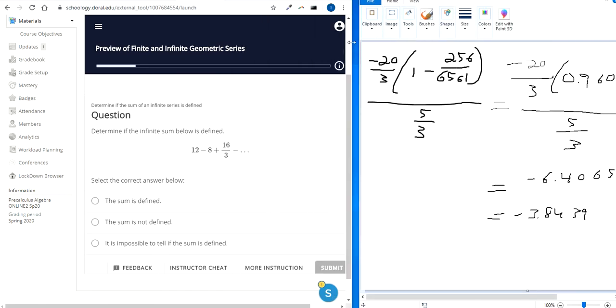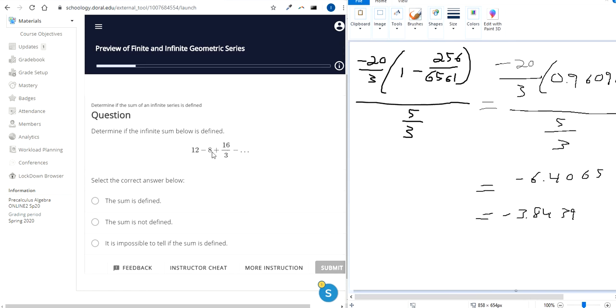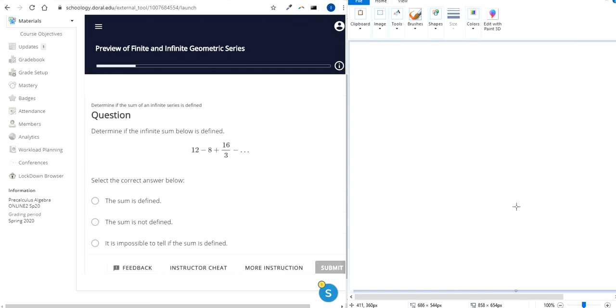Infinite series here. That means we keep adding and never stop. Let's see if there's a common ratio. If there's a common ratio, it's geometric, and then we can try to make some conclusions. To find the common ratio, we take the second term and divide by the first term. That makes negative 2 over 3.